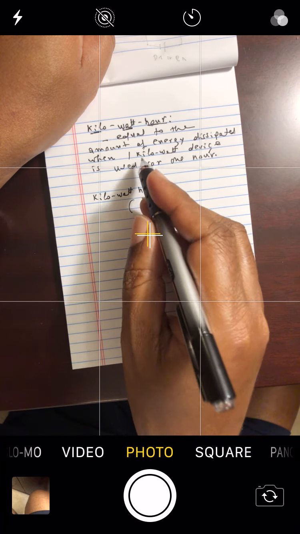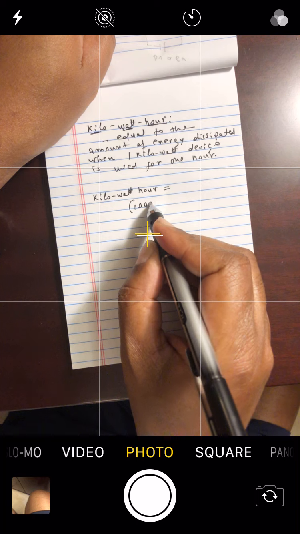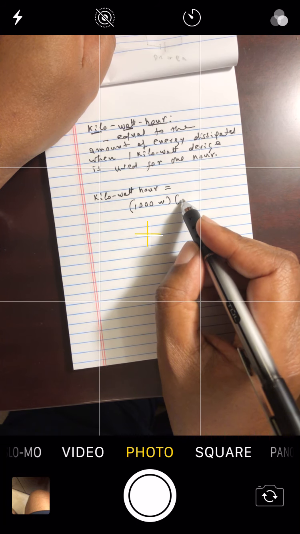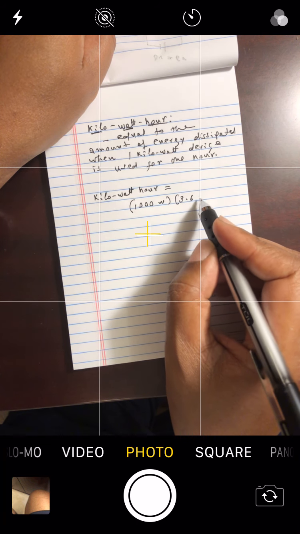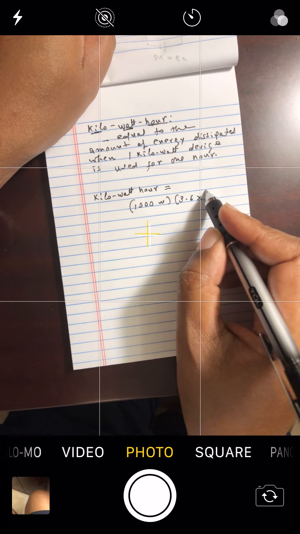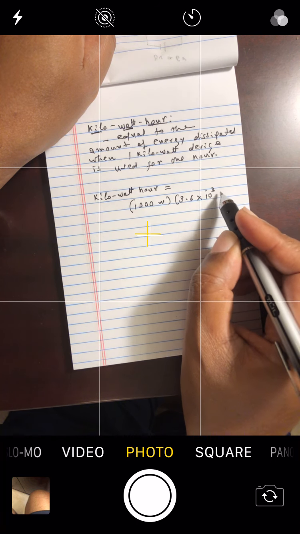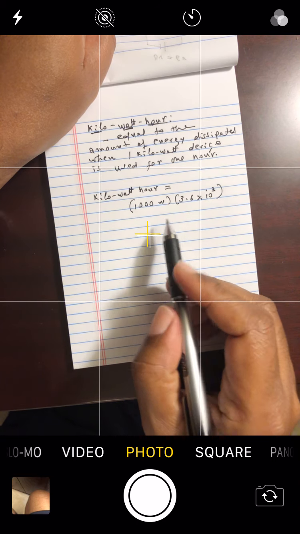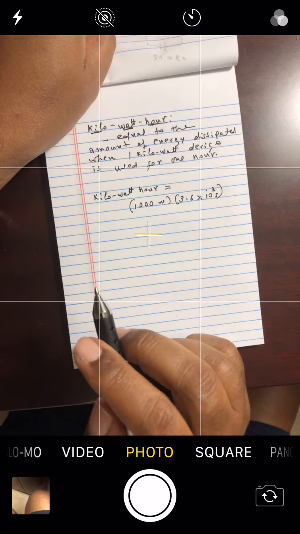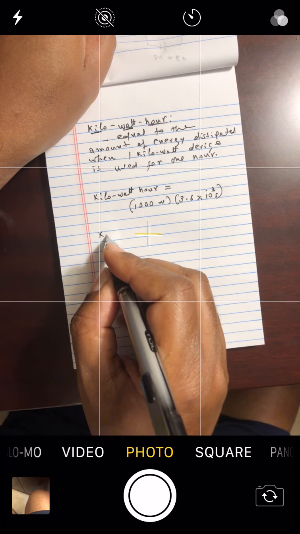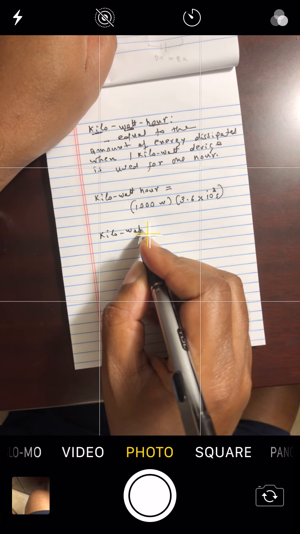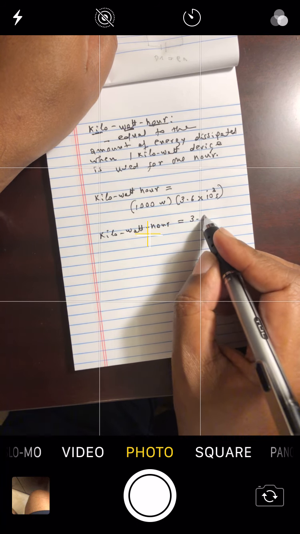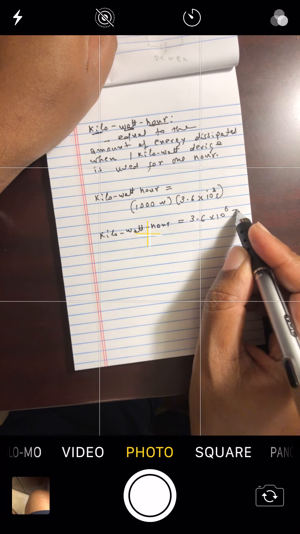The power of the device is 1 kilowatt or 1000 watts, and it's used for 1 hour, which is 3600 seconds, 60 times 60, times 10 to the power of 3. You see that this is watt, this is seconds, therefore we get joules, right? So 1 kilowatt hour is equal to 3.6 times 10 to the power of 6 joules.